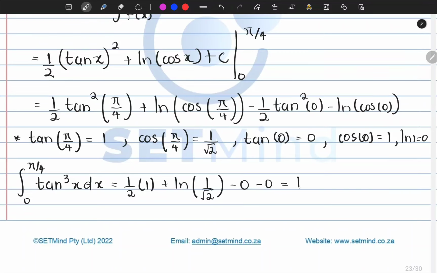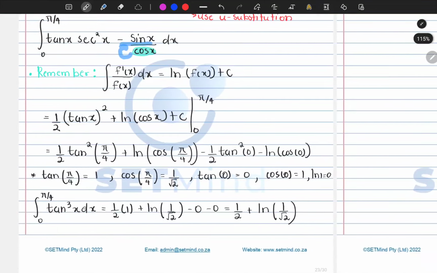So essentially our answer is simply a half, plus ln of 1 over the square root of 2.